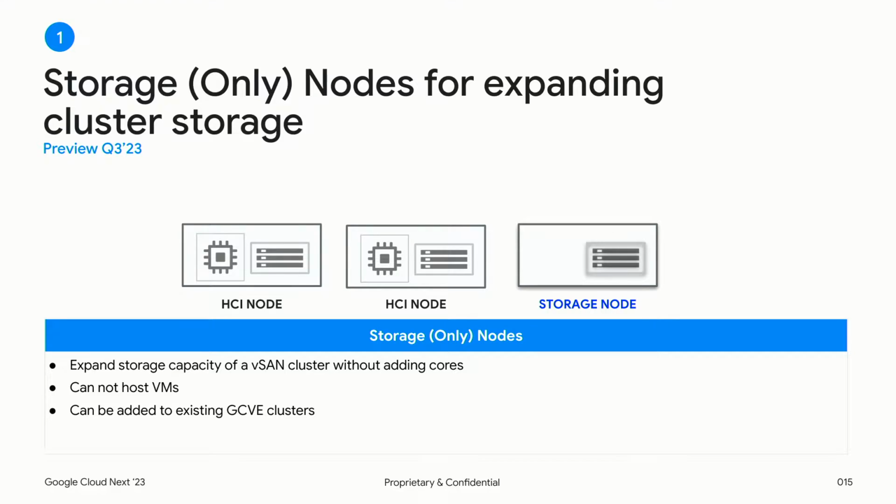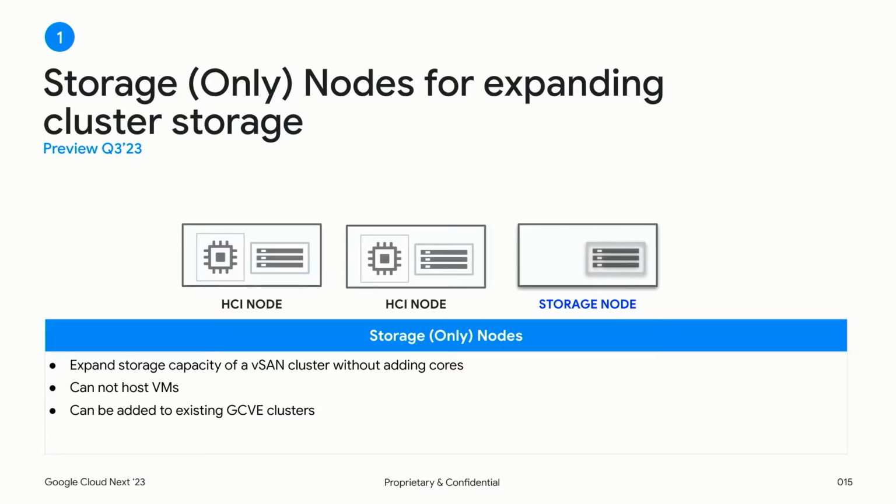But how do you do that in HCI without having to mount additional external storage, which is also possible? Well, if you want to keep the HCI form factor, the hyper-converged form factor, which is to have storage in the same cluster, the high-performance storage that comes with NVMe, but not have to pay for compute, so you can leverage really high-performance primary storage, then it's possible with the storage-only node type.